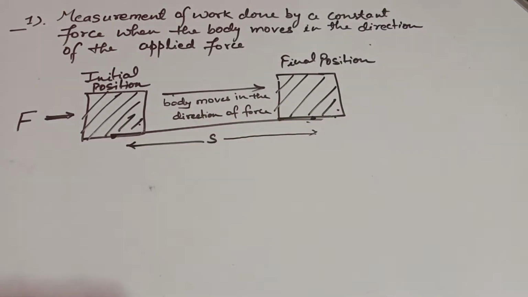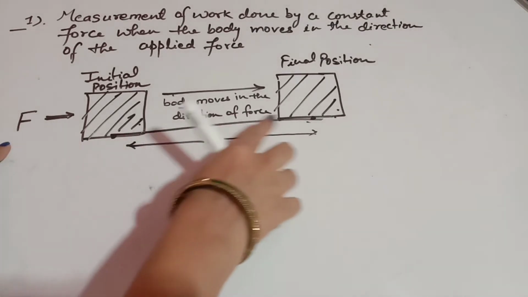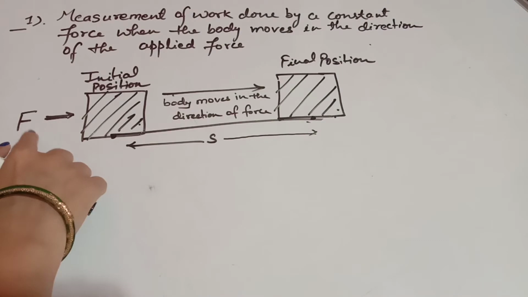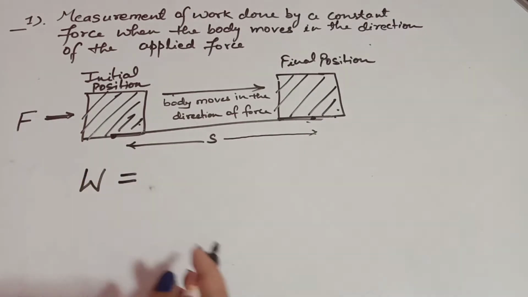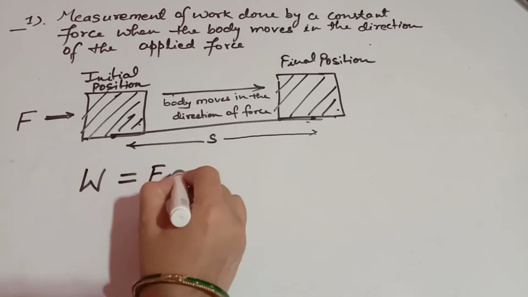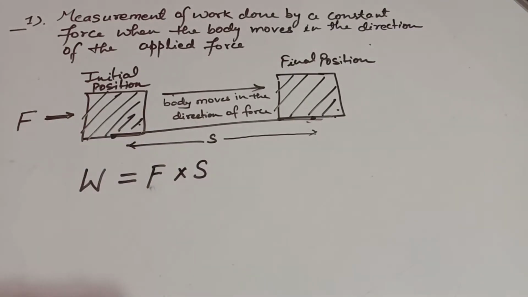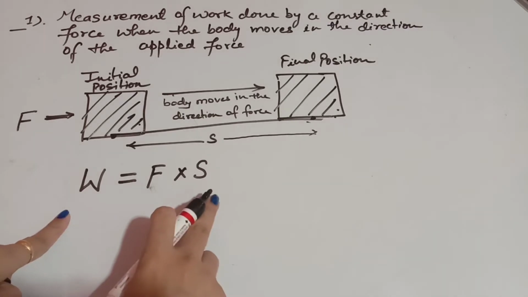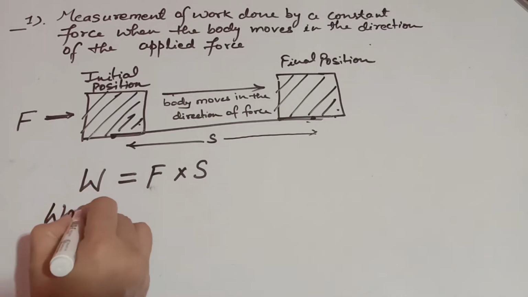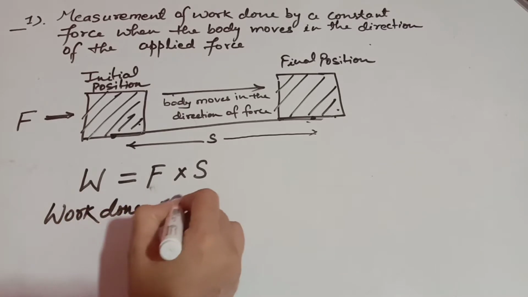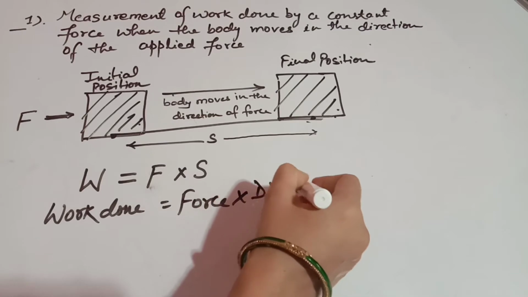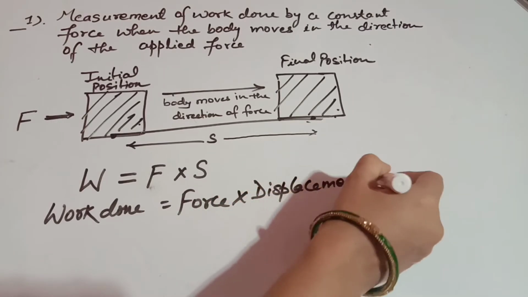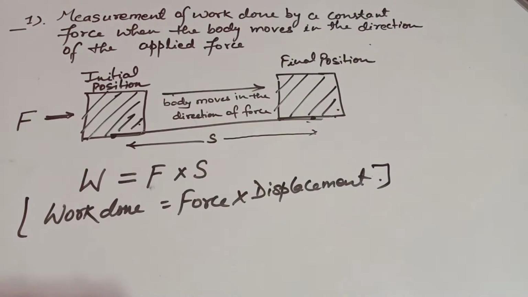So in this case, when capital F force is applied on a body and it produces the displacement S in the direction of force, then the work done W is equal to the product of the force applied into displacement. So W is equal to F into S. This work done is equal to force into displacement, simple. This is the first condition.